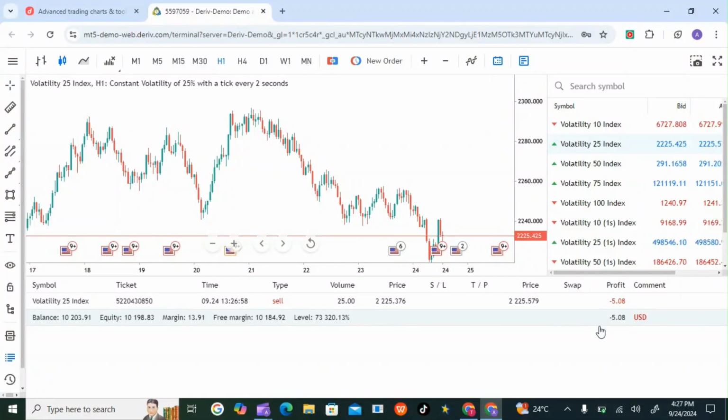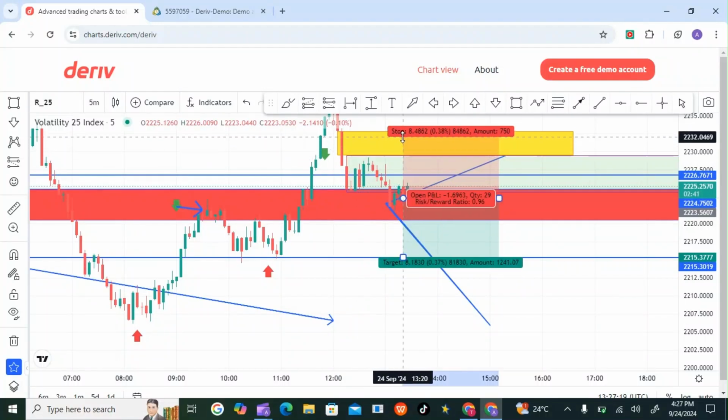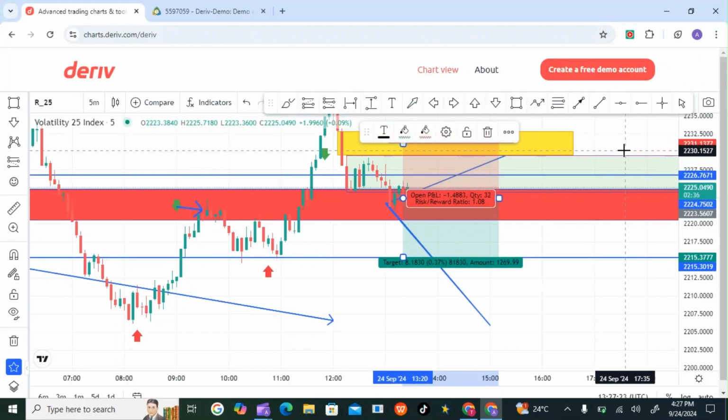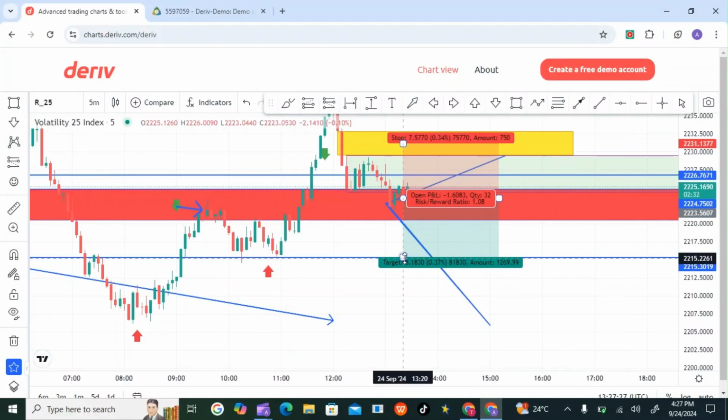You can see I've entered that, so we will wait until the market reaches our zone of interest, then we will get out. My stop loss will be at that point, just at the middle of that fair value gap. Understood? And then my next take profit will be here.